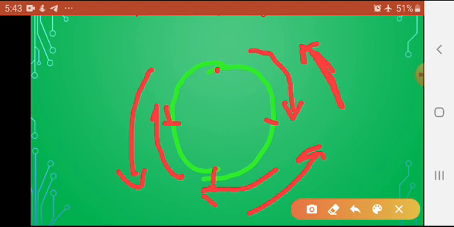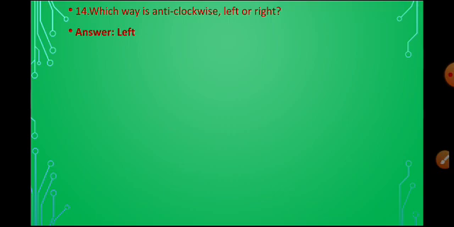So the clockwise direction means right side. When you turn right, that is clockwise. If you turn left, it means it is anti-clockwise. So now here is the answer, and the answer is left.